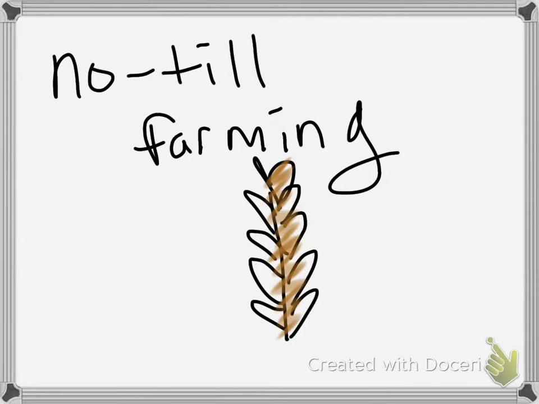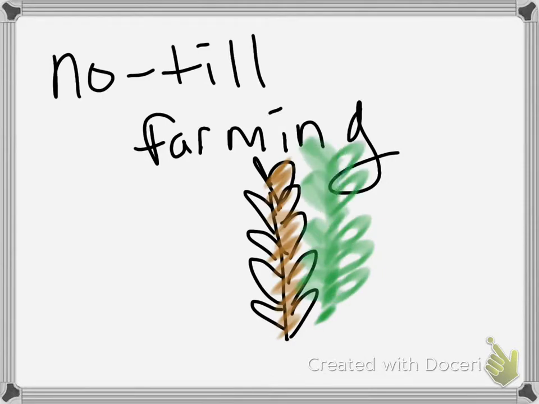So in the midst of your old stalk, you get new growth springing up in the same location. This keeps it so that in the off season, when you aren't growing your plants, there's still the roots of this plant holding the soil in place. And it's still providing nutrients to the soil. So no-till farming, you're leaving your old stalk, reduces water runoff.